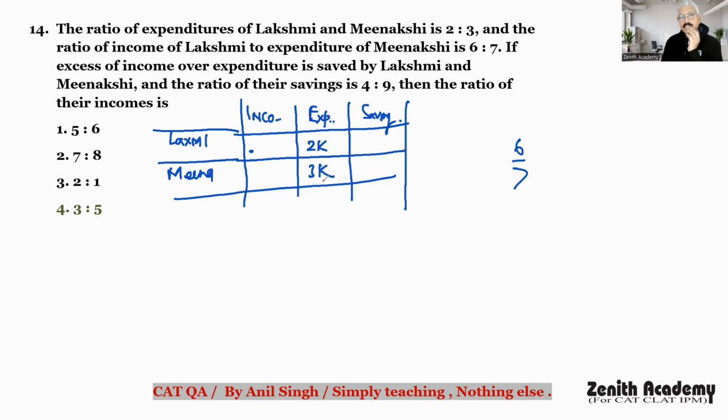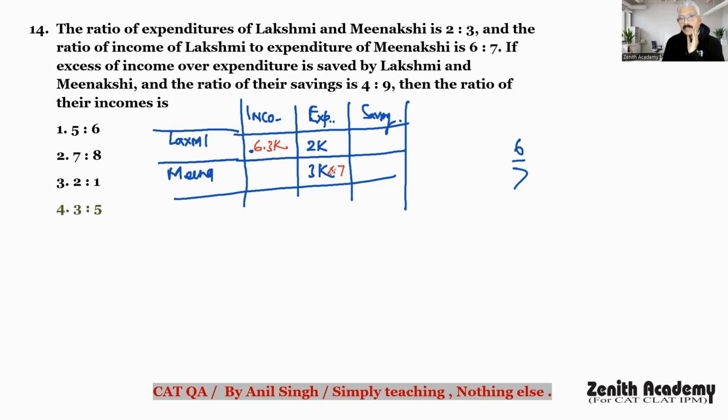Here it is 3K, and it is required 6 is to 7. If I take here 6 and 7, so multiply here 3K. So 6 and 3K, and here 3K into 7. So definitely ratio will be 6 is to 7 because 3K cancels.